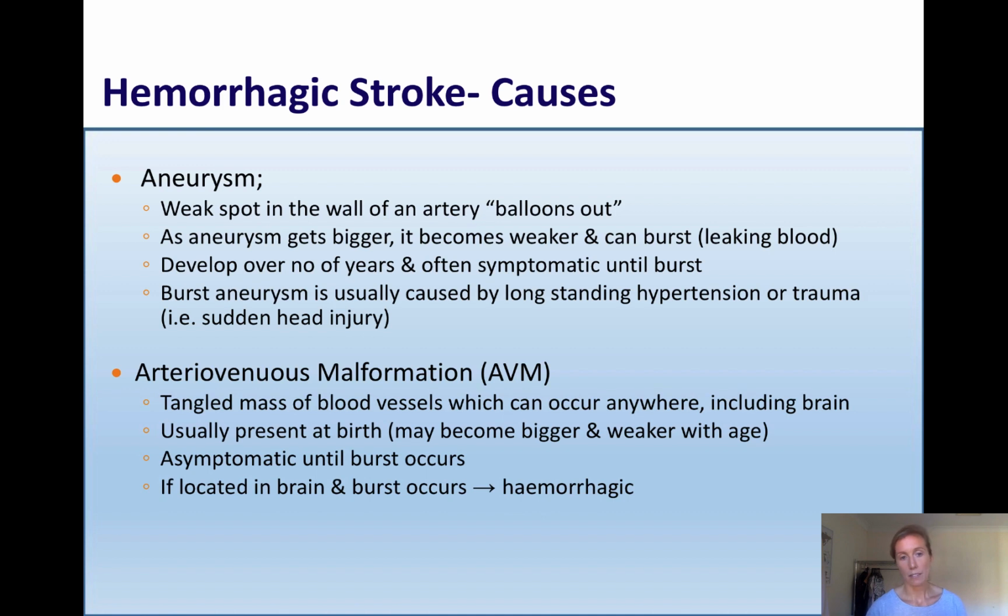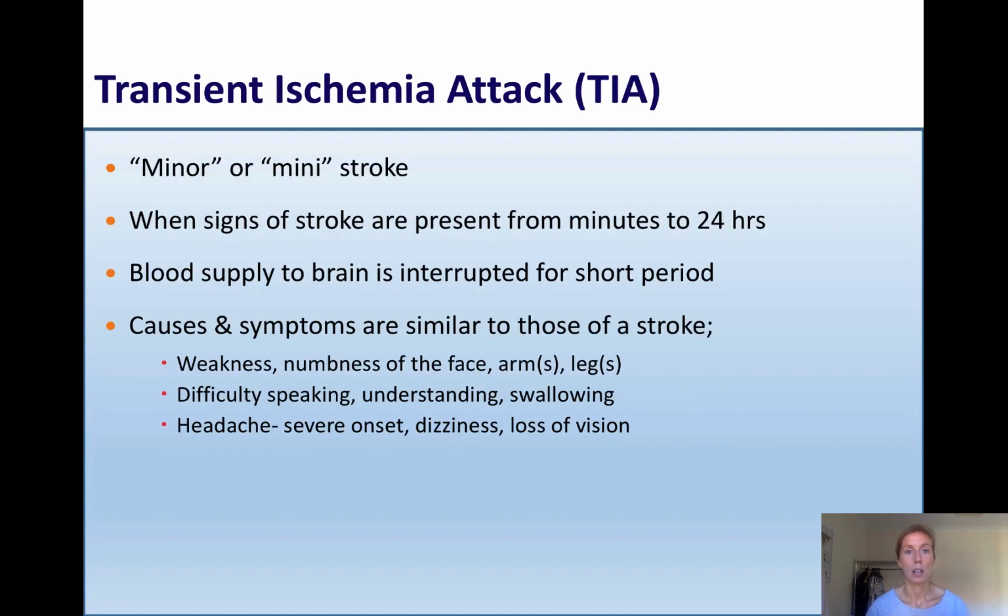So just to explain this, what we're talking about is a tangled mass of blood vessels, which can ultimately occur anywhere, including the brain, okay? So they are usually present at birth. They may become bigger and weaker with aging. Again, guys, asymptomatic until the burst actually occurs. And if the burst occurs in the brain, then that's typically going to lead to what we call a hemorrhagic stroke. Okay, so that's talking about the causes, what can actually cause that taking place.